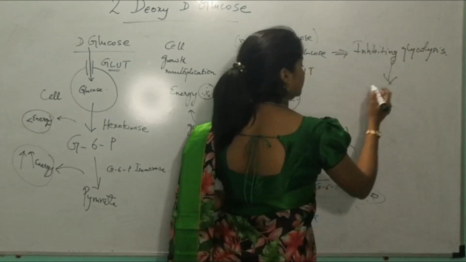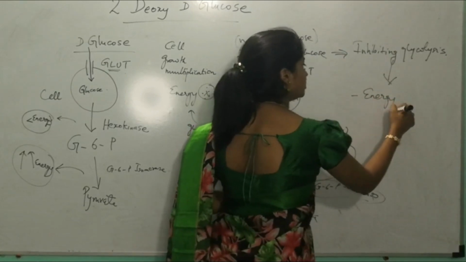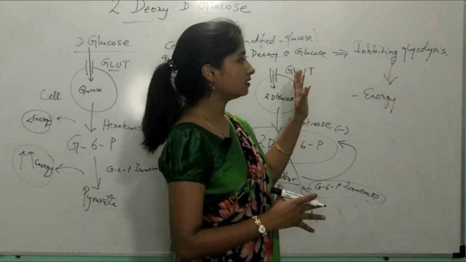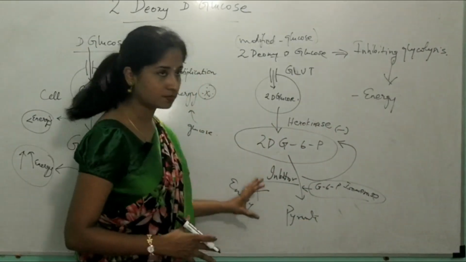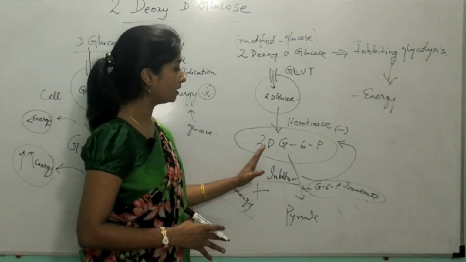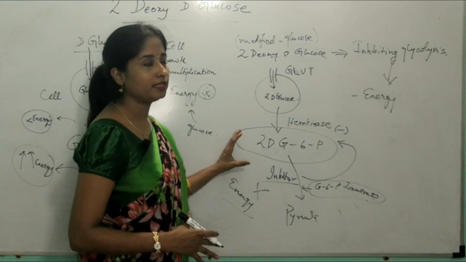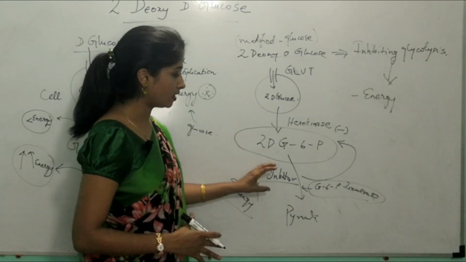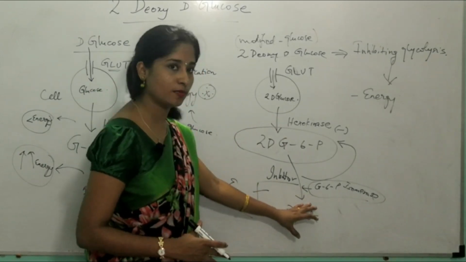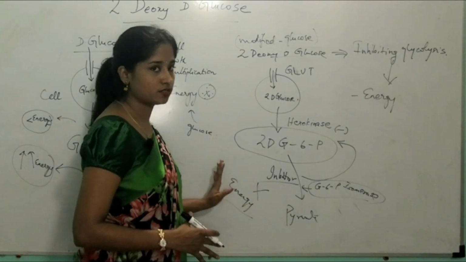and hence there is no energy. Less energy can be derived from other pathways, from fat and protein, but still the energy derived with this process is being blocked by this 2D glucose 6-phosphate, which is acting as a product inhibitor. This product is inhibiting the hexokinase as well as the glucose 6-phosphate isomerase, and hence the energy release is abruptly stopped.